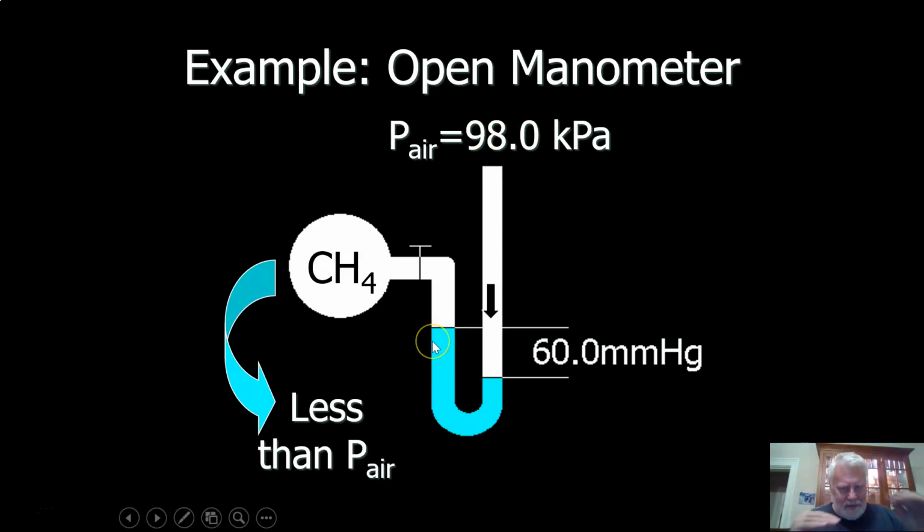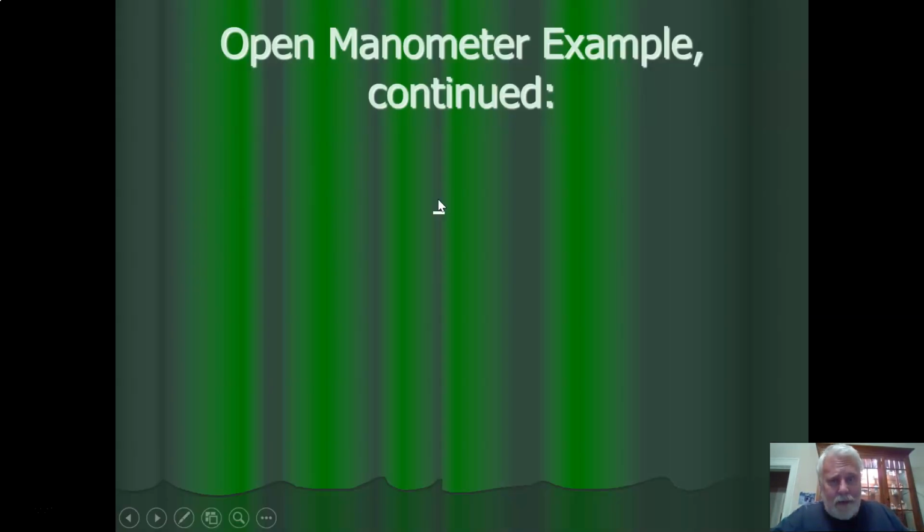Because the air is pushing harder than the methane. That's very possible, hint, hint, on 2 out of the 4 problems that you're going to be doing, where it would be like this, where it would be higher on the arm connected to the air. So that would be a little different scenario. But we now know that it will be less than the air pressure.